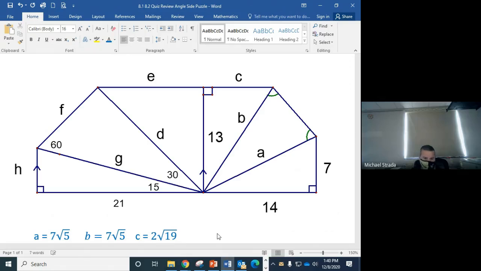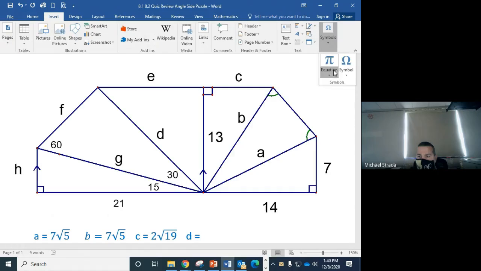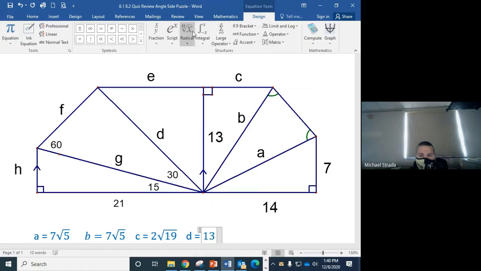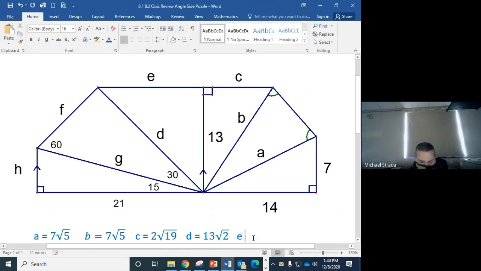D, ladies and gentlemen, is 13 square root of 2. And E equals 13. Okay, now, how did I know that that's a 45-45-90 triangle?